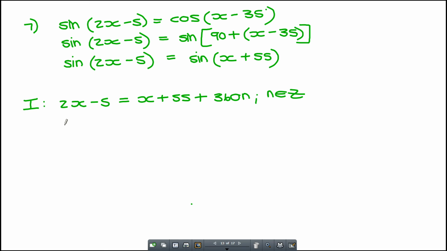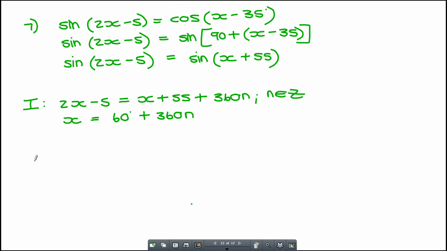Okay, so let's take unknowns to the left. So that minus 5 goes over and becomes plus 5. So that will become 60 plus 360n.